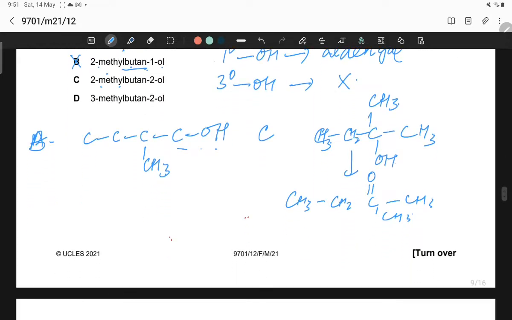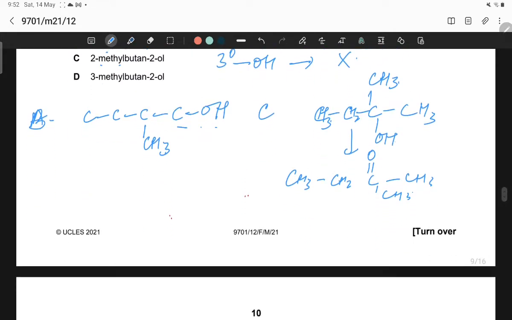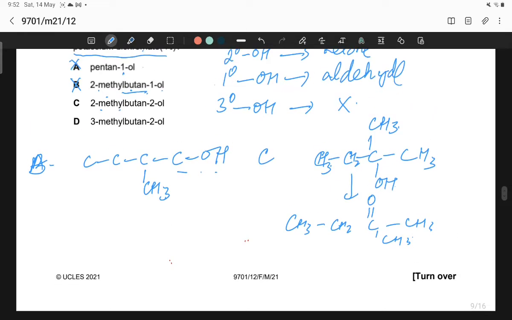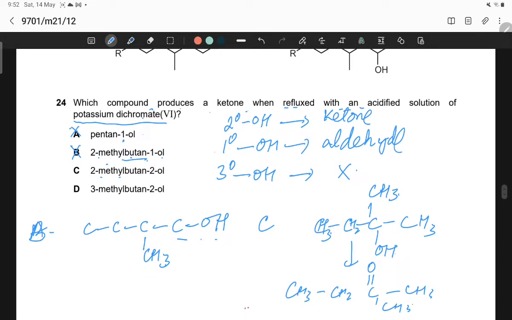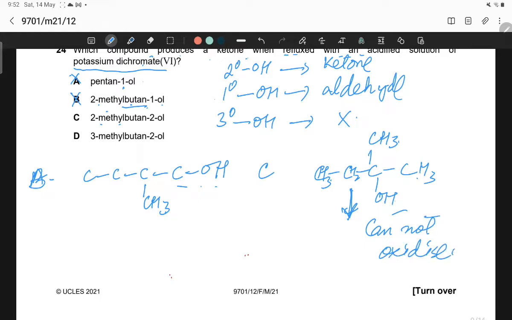This could be 3-methyl butane 2-ol. This is tertiary alcohol, so this is tertiary alcohol, it cannot be oxidized. So this is also incorrect.